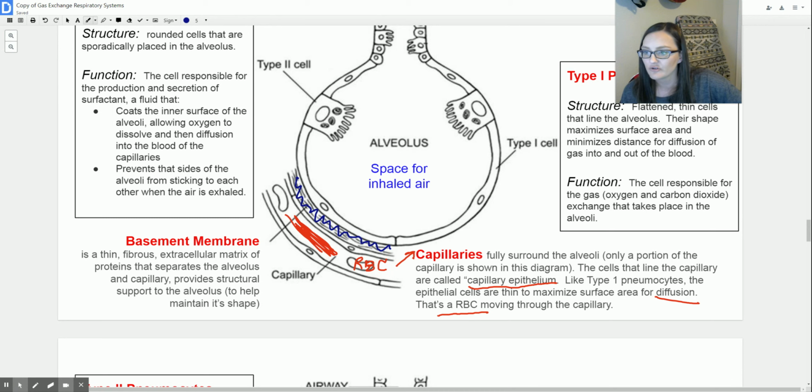So it's an extracellular matrix of proteins that separates the alveolus and the capillary. Once again, it's trying to keep them from sticking together or injuring each other in any way. It's providing structural support and maintaining that shape. That's very important. All right, so that's pretty much that for right now.